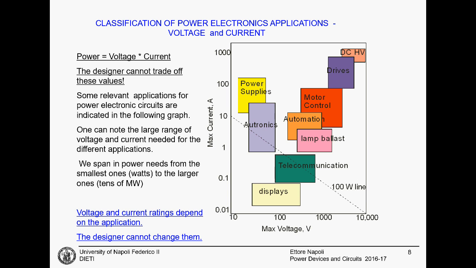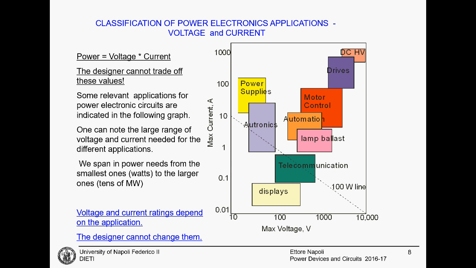We are talking about power. Everybody knows that power is voltage multiplied by current. So the first classification could be the power. However, as we will see immediately, we cannot actually trade off voltage for current for a given amount of power.